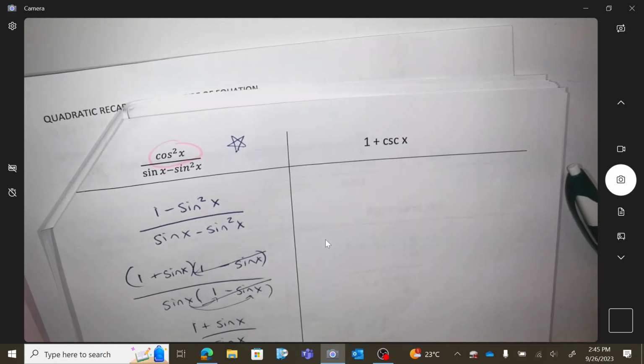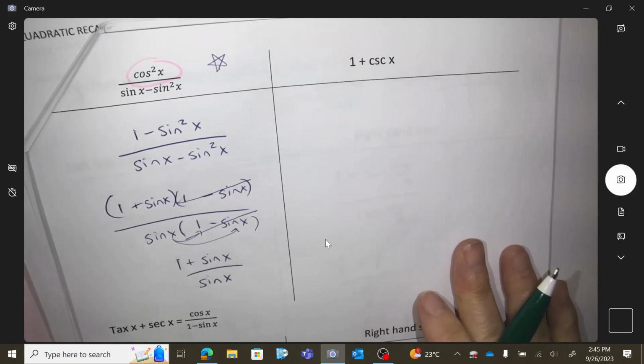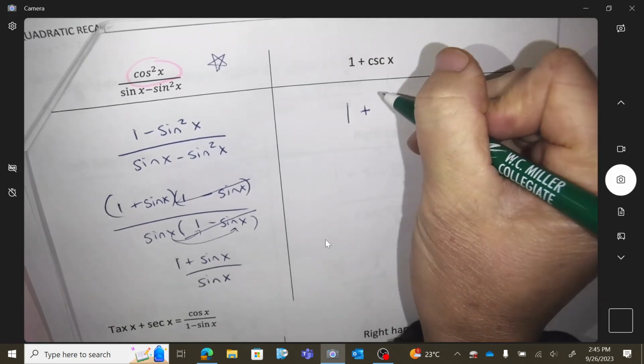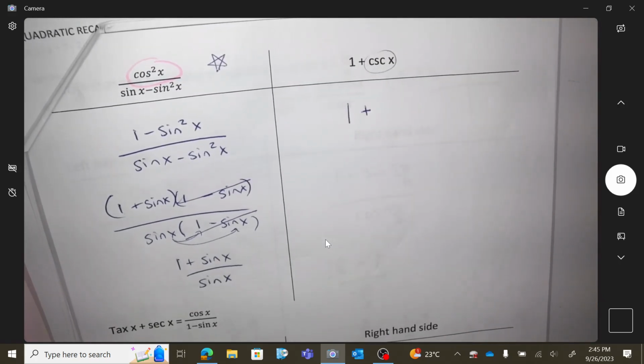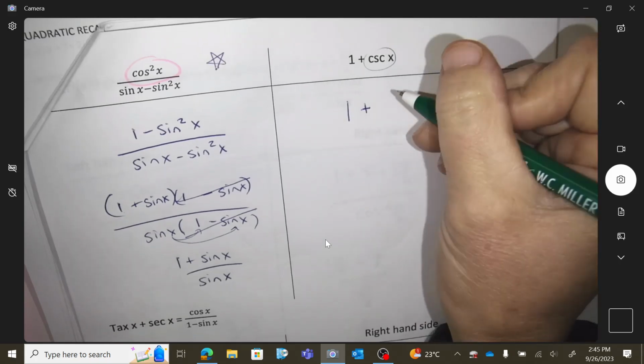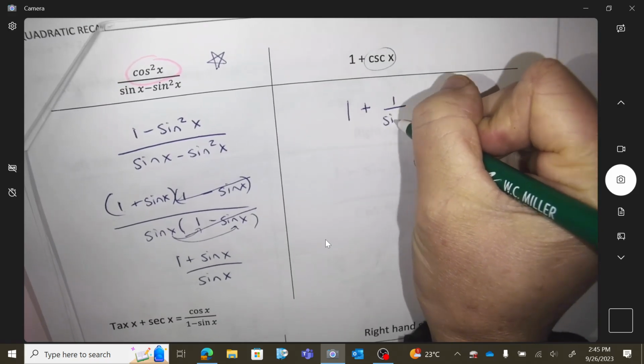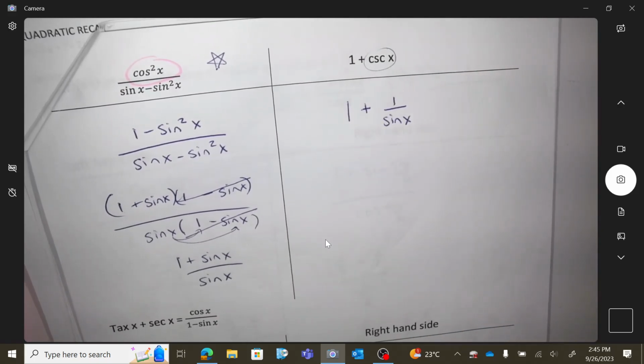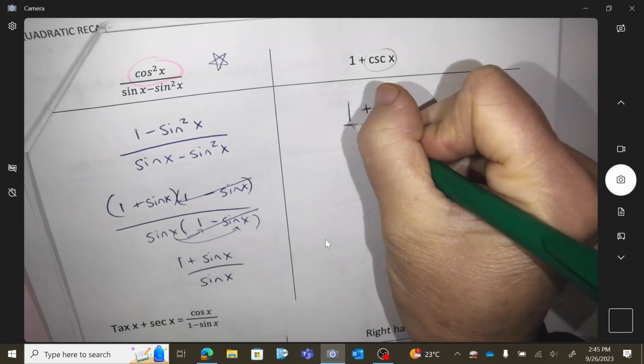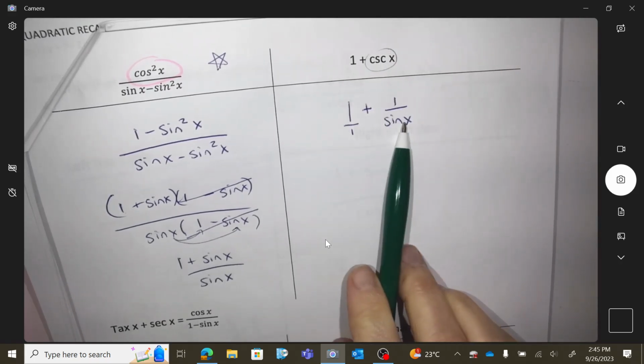Other side? Okay. So on the other side, 1 plus, substitute there, 1 over sine x. So how do I add?